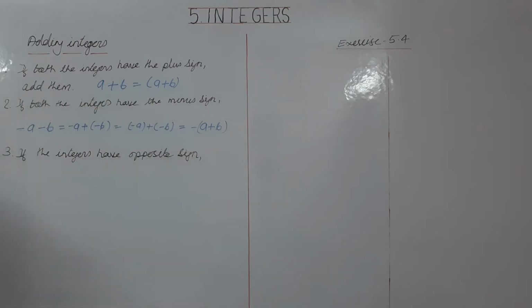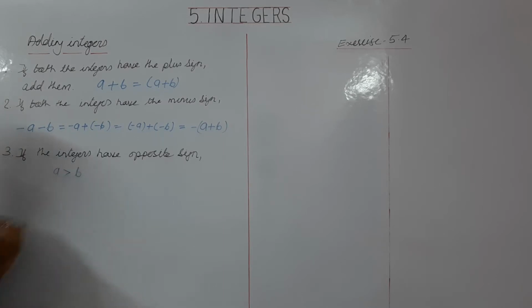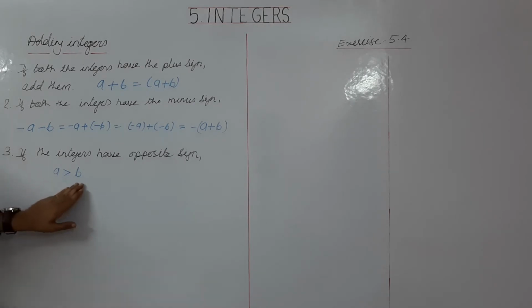before the number. Third case, if the integers have opposite signs. Opposite means if first is positive, second is negative, or if second is positive and first is negative. So for example, let us assume that a is greater than b, numerically, the first number is greater than the second number.